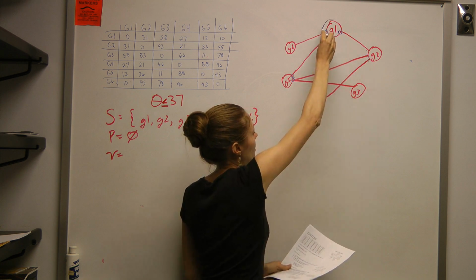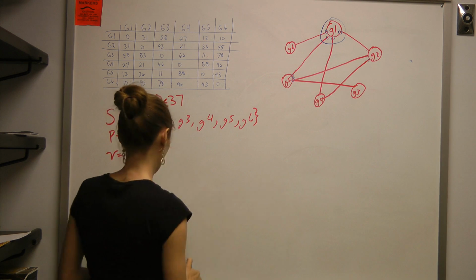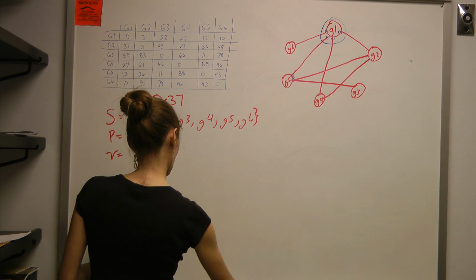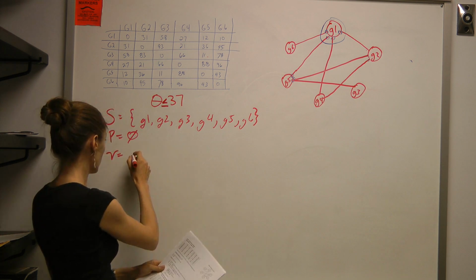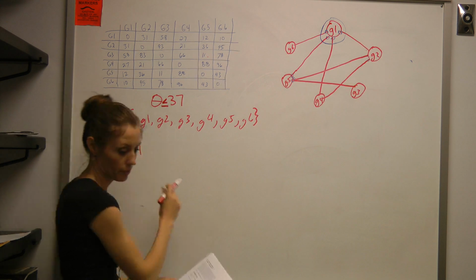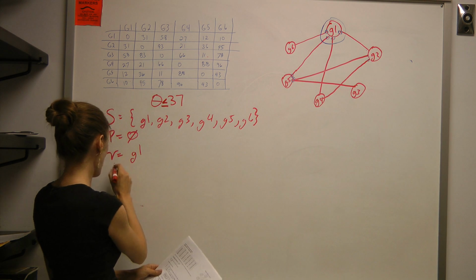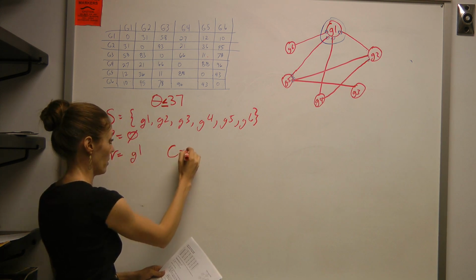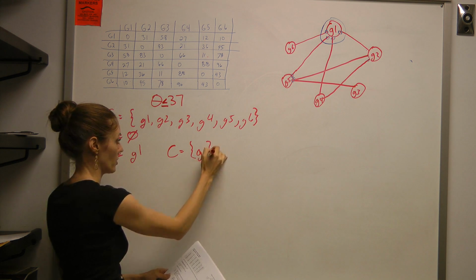So G1 is our gene with the maximal degree. So V is G1, and then we just add V to our initial cluster. So G1 is our initial cluster.